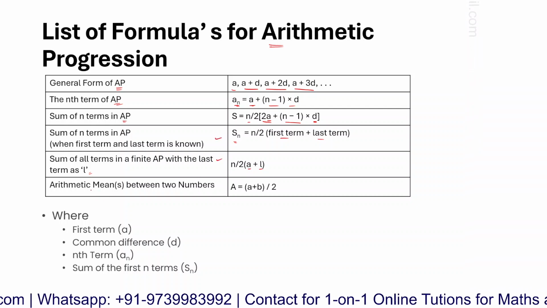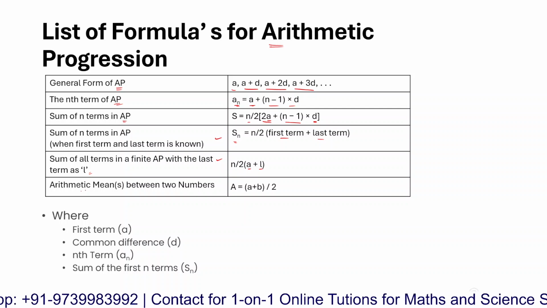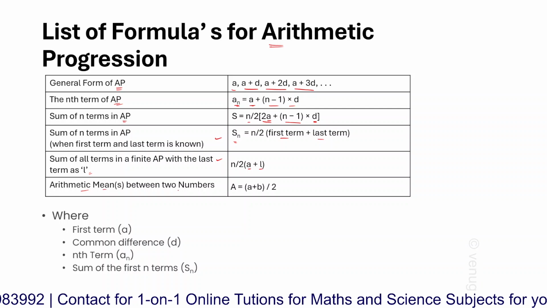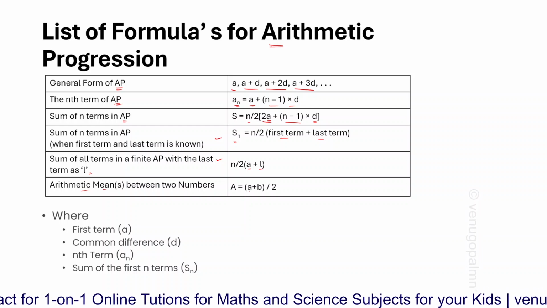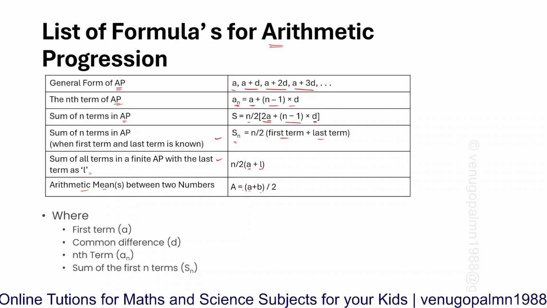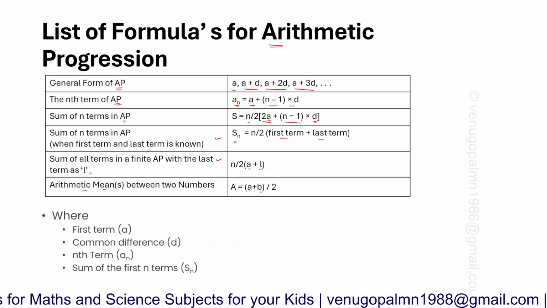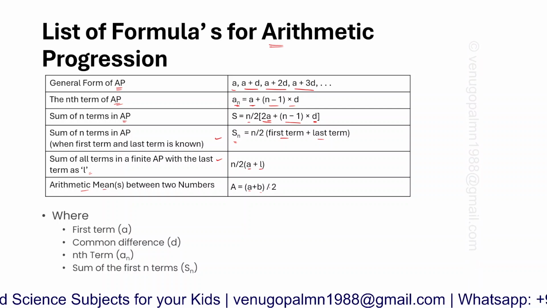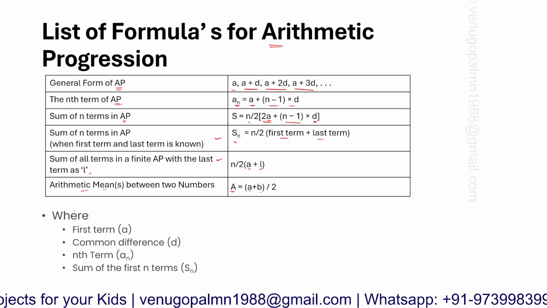There is another concept that comes into picture in your arithmetic progression, called arithmetic mean. What is the mean value between two numbers in an arithmetic progression? Take an example of A and B in a sequence. The arithmetic mean, which is nothing but the middle value between these two numbers, is A plus B divided by 2, which is the sum of the two numbers divided by 2, and this gives you the capital A, which is the arithmetic mean.